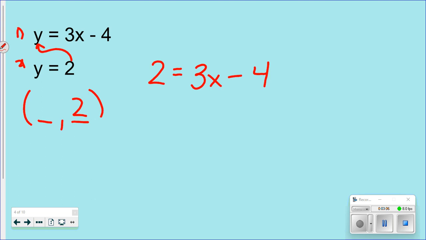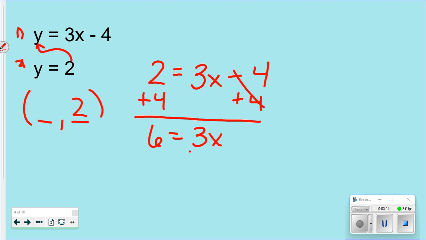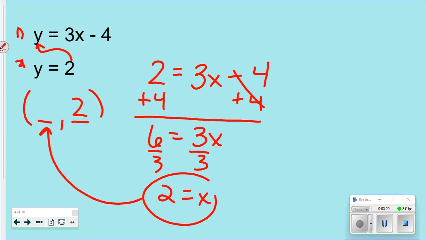I'm going to solve for my x then. I'm going to add 4, just like solving two-step equations. Add 4. I get 6 equals 3x. Divide by 3, divide by 3. 2 equals x. So since this is here, this is going to go here. So my ordered pair for this would be 2, 2. If I put 2 in for x, I'm going to get 2 out for both of my y's.